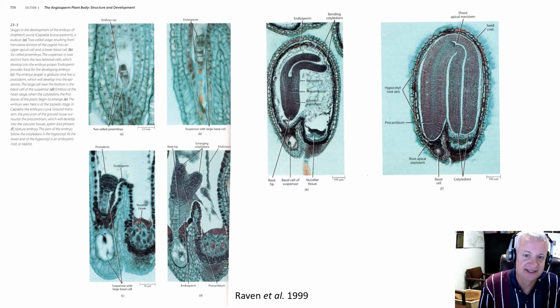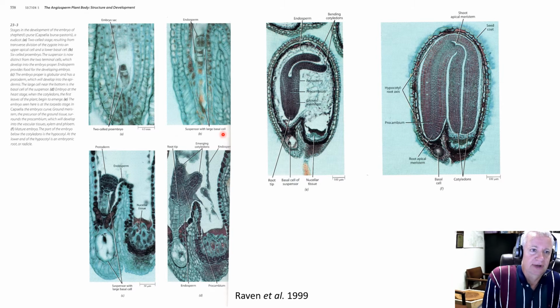And this is a nice series of micrographs of the development of an embryo. One question to ask yourself is, is this embryo a monocot or a dicot? There are two cotyledons here, so this is a dicot seed.